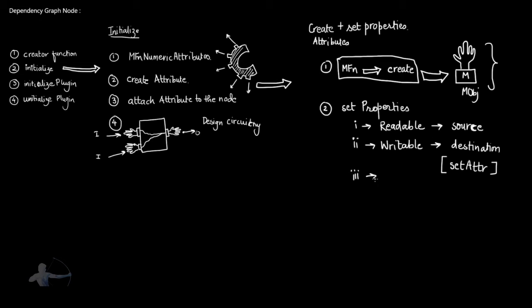Third thing is, are they storable or not? This property makes the attribute value to be stored in the scene when we store the file. And we also don't want to make our output nodes storable. We just want to make our input nodes storable. Fourth thing is keyable. Can it be keyed or not?